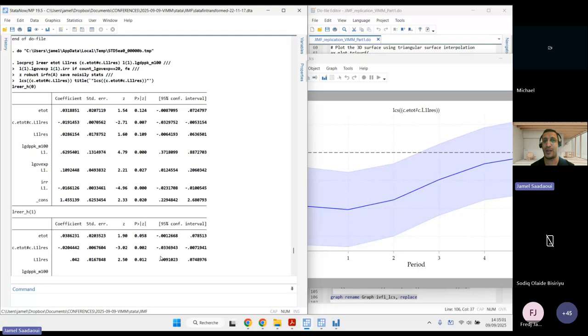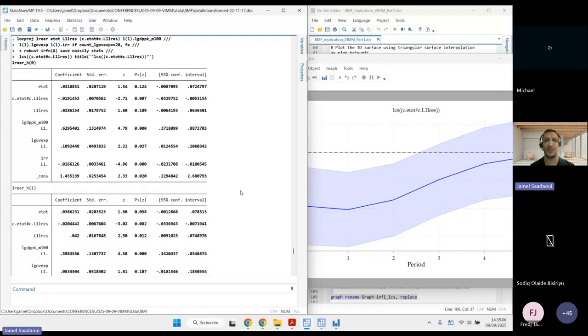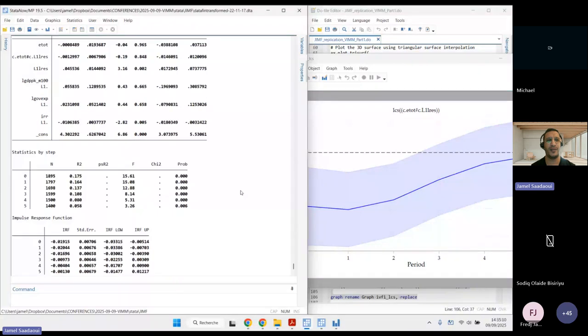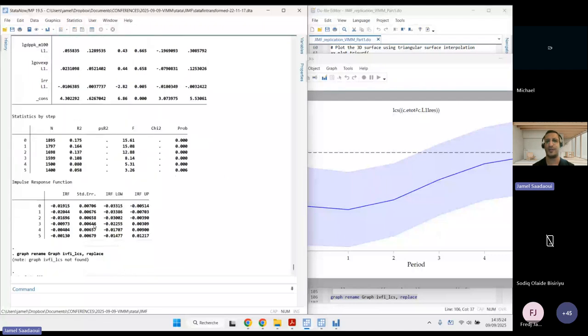So it is truly an OLS regression at each horizon. What is very nice in the package of Alfonso Ugarte Ruiz is that you have the number of observations available at each horizon, the R squared, the F stat, and then you have an impulse response function, which is here. And this corresponds to what you have here.